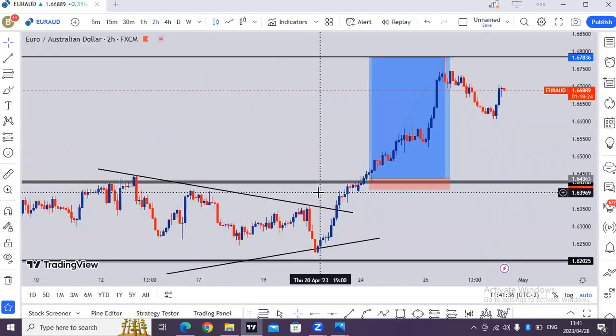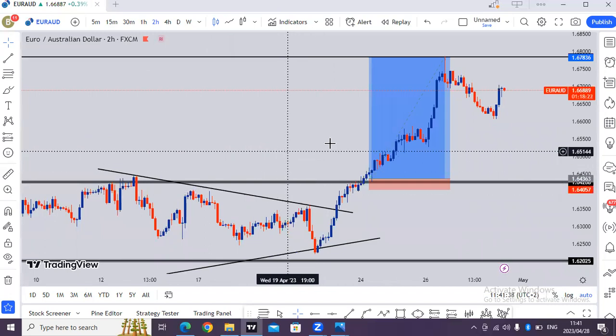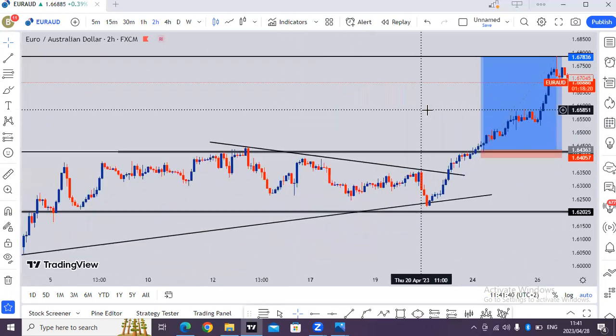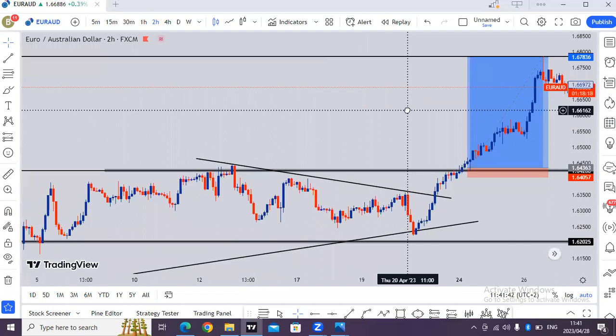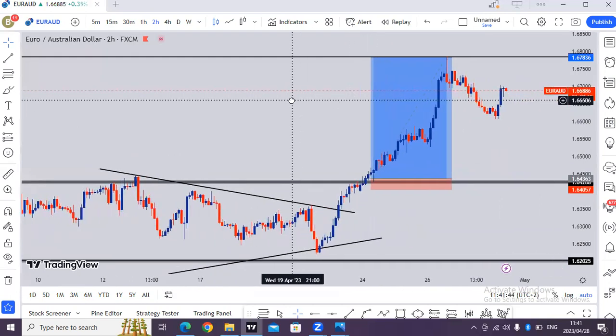Now, I don't want the video to be too long, so I'm just gonna show you one pair because they all use the same strategy, you understand? But they don't use the same entries, they don't move the same. That is something you're gonna have to learn. Maybe I should show you Euro AUD, but Euro AUD is a little bit too simple.